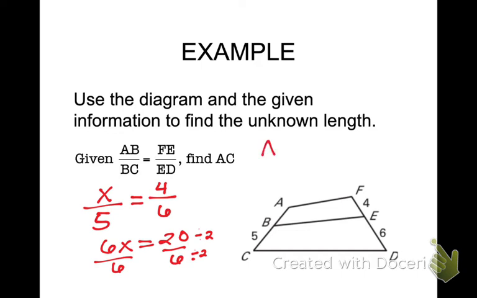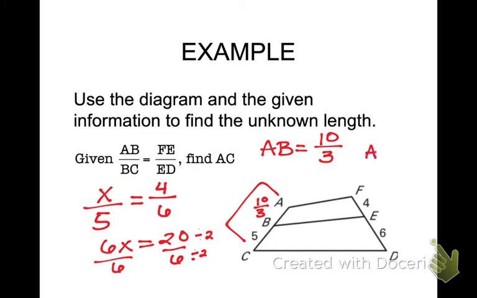If I take out 2 from both of those, then it's going to simplify to 10 over 3. So AB was where my X was. AB is 10 over 3, right? Because that's what represented my X. But I'm asked to find A to C, which means what do we have to do to that 10/3? Add it.